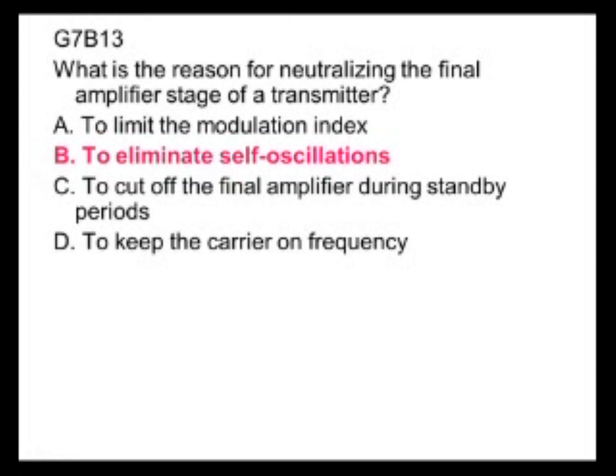But anything that is unintentionally causing feedback in the amplifier stage, it would cause it to oscillate or become a self-oscillator. So then you neutralize it to tune out or to block out any feedback that could occur in that amplifier stage, and that way it amplifies but doesn't oscillate.